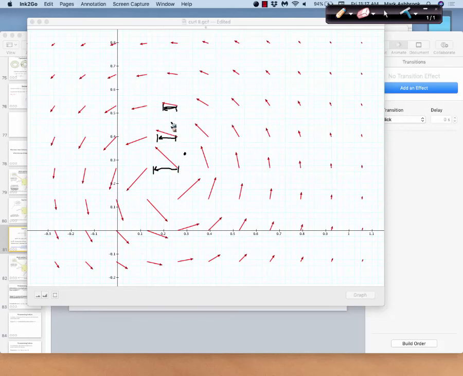What kind of rotation would that indicate? Clockwise or counterclockwise? That would indicate clockwise rotation. This is stronger down here than up here. So in terms of changing in the y direction, those horizontal components are indicating clockwise rotation. Let's take a look at x.